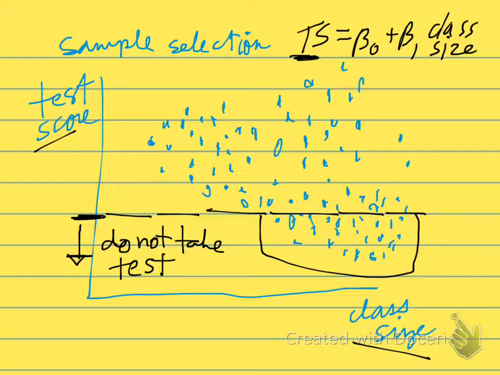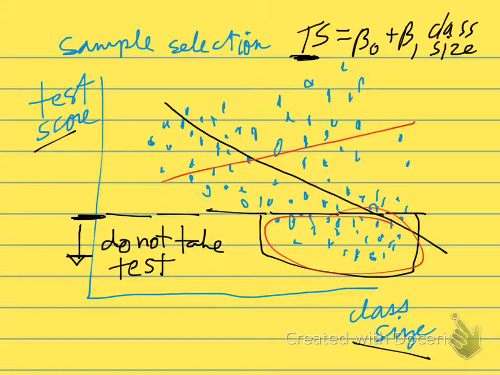Now notice our original relationship looked kind of like this. The way I draw the data, it was probably a negative slope. But once we have that test score data, and no longer have this data in the sample, our estimated slope might look like that.